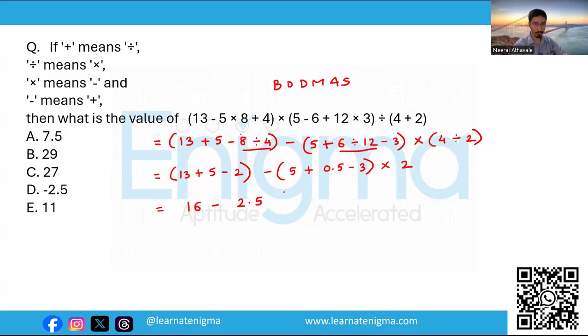Okay. 2.5 multiplied by 2. Okay. So we have 16 minus 2.5 into 2, that is 5. And therefore, we get the answer as 11. So answer is option E, 11.